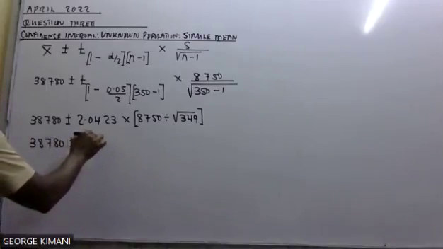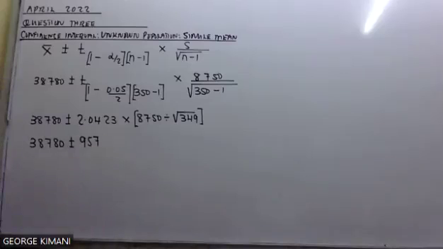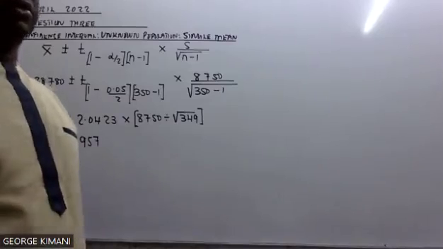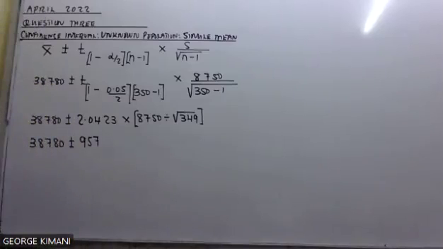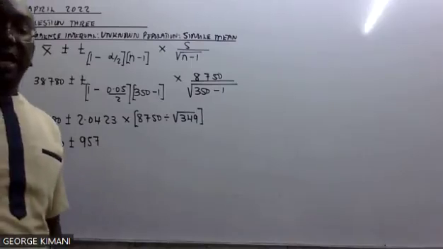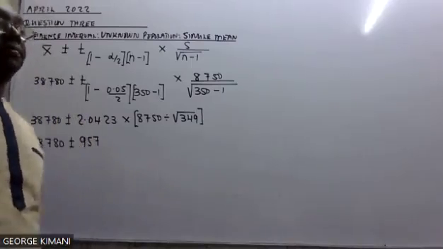So we can make it 957. Let's make it 957 to avoid decimals. But in the exam, it's advisable you use the decimals as they are, at least 3 of them.